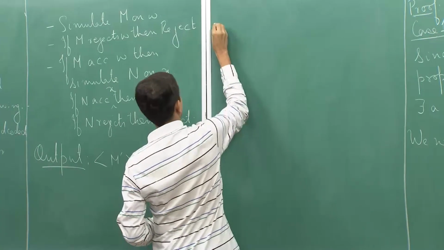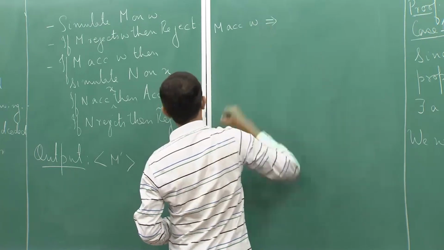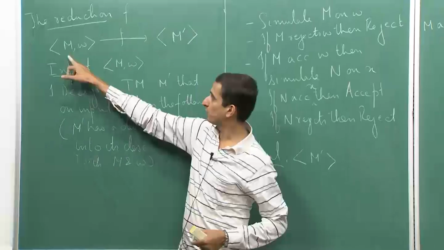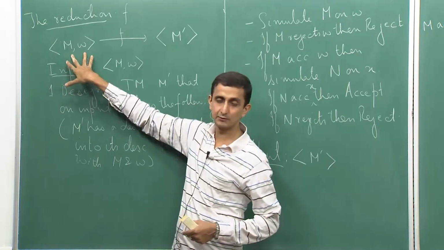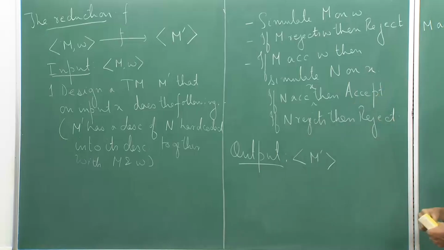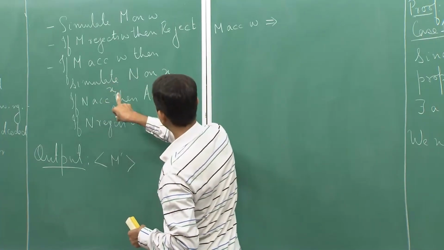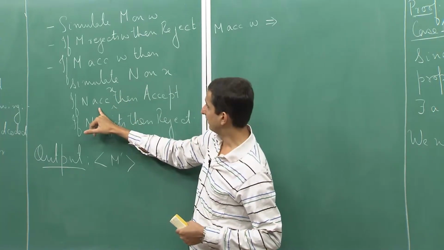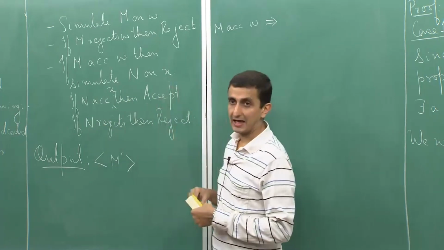Now let us see why this reduction is correct. Suppose M accepts W. So what happens in this case? If M accepts W, then M comma W is a yes instance of ATM. Then we simulate N on x, and if N accepts x, then we go ahead and accept x.